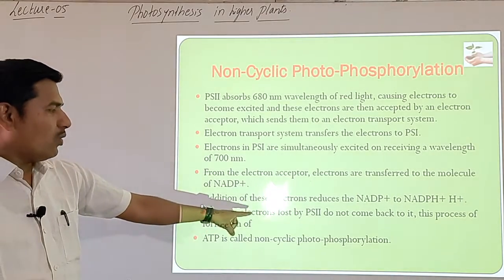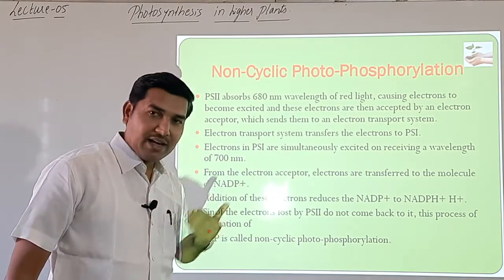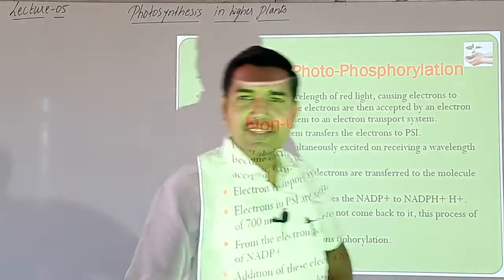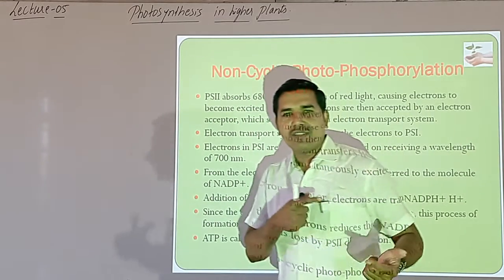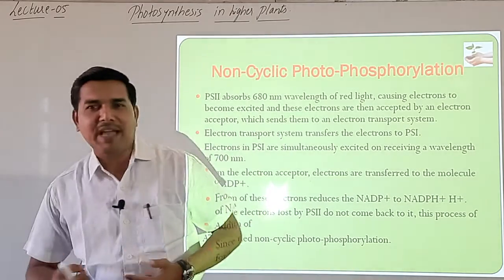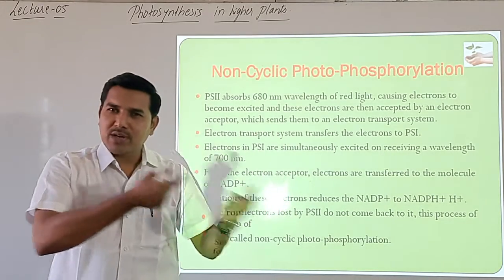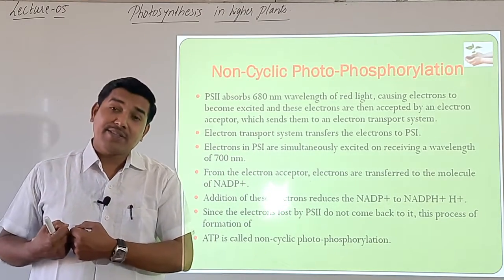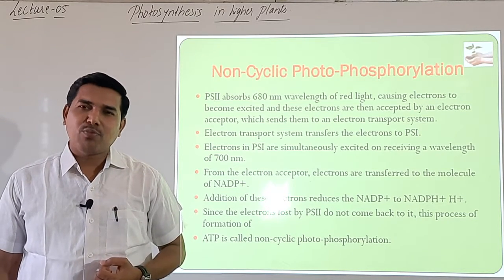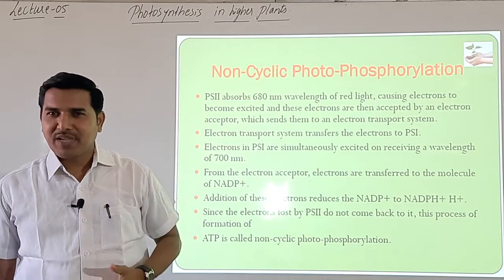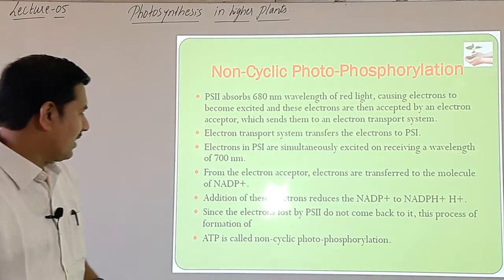Since the electrons lost by PS2 do not come back, once the electrons are excited and flow, they are not returned back. If the electrons are not returned back, then such an electron transport system is said to be a non-cyclic electron transport system.